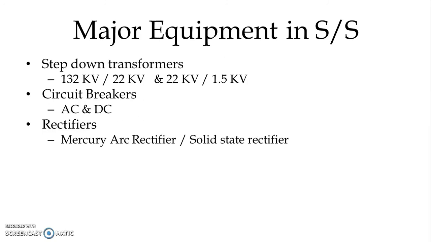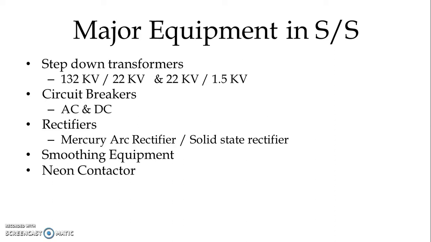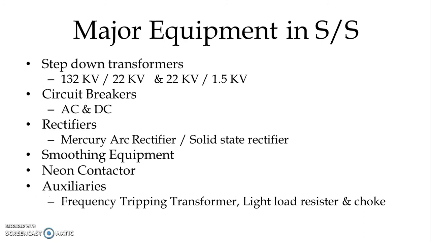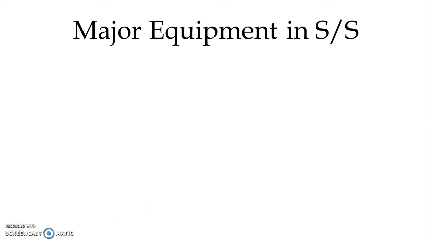Rectifiers. We have mercury arc rectifier or solid state rectifiers. Smoothing equipment, neon contactor and different auxiliaries like a frequency tripping transformer, light load resistor and choke. Now let us discuss each major equipment in detail.